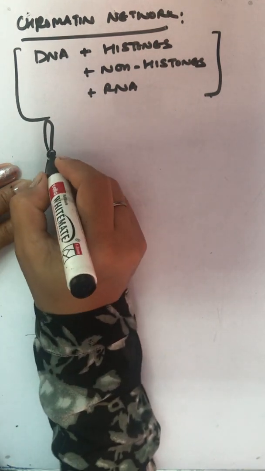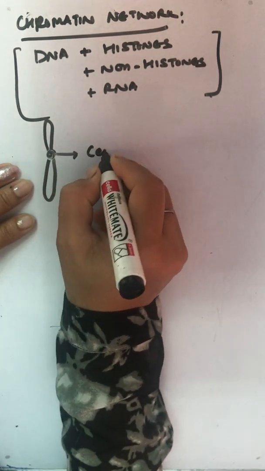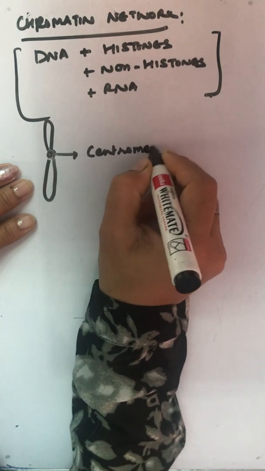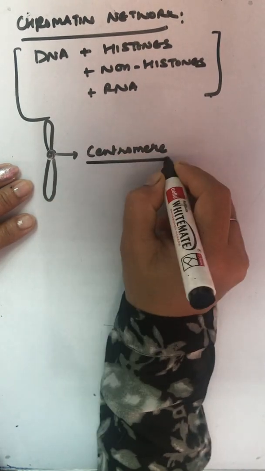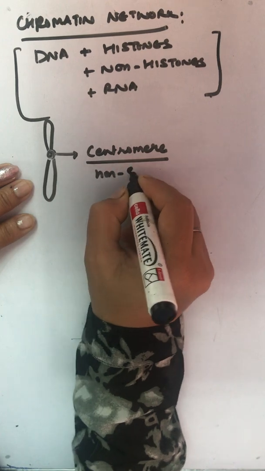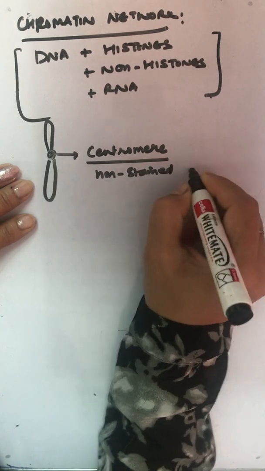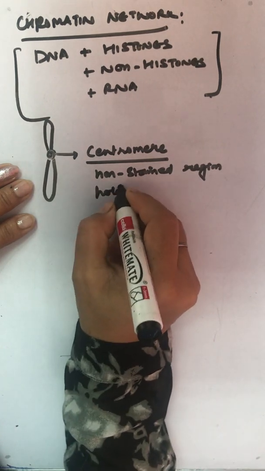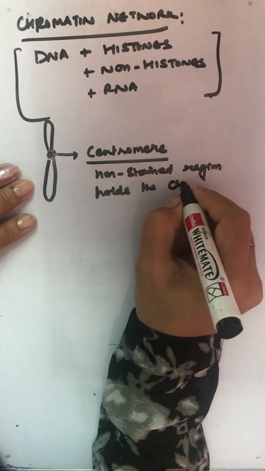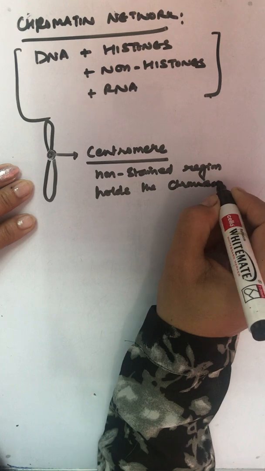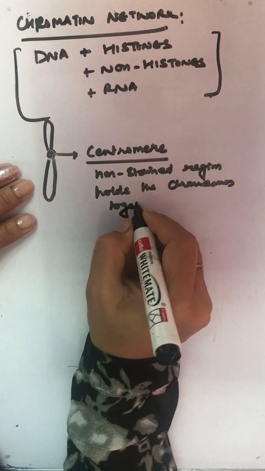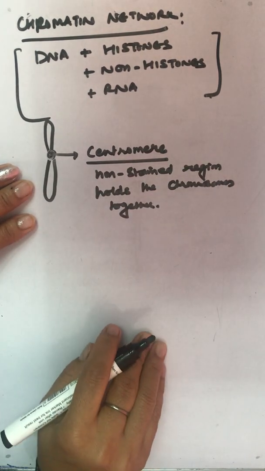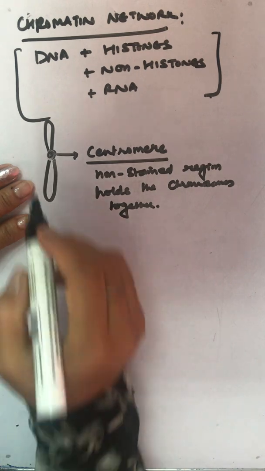Every chromosome has a primary constriction known as centromere, which is a non-stained region, and holds the chromosomes together. Then we see kinetochores.